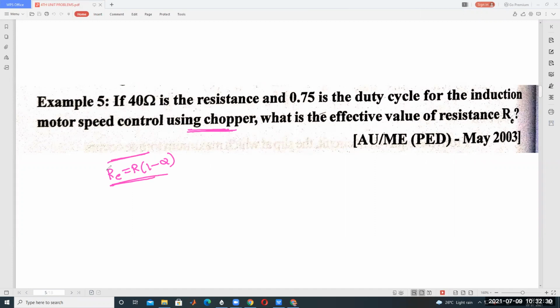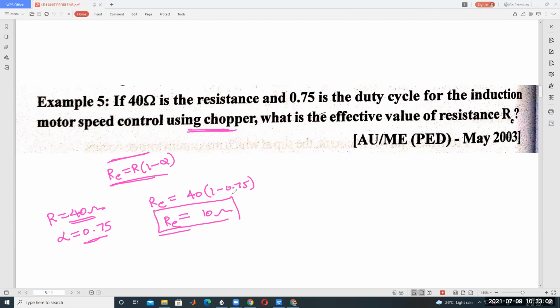Here R is 40 ohms and the duty cycle alpha is 0.75. Substituting, Re is equal to 40 into 1 minus 0.75, so we get 10 ohms. This is the external resistance inserted, the effective value of the resistance Re.